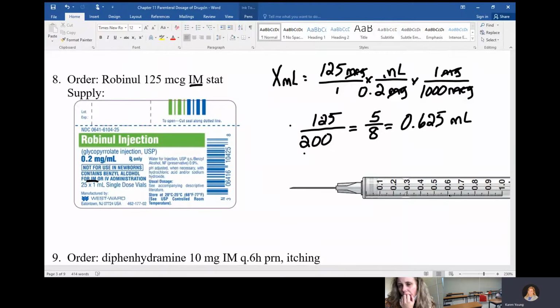So we have to round it to the hundredths place. That means I'm going to look at the 5. One of the reasons I'm rounding to the hundredths is that each one of those little calibration marks are hundredths. A milliliter syringe is calibrated in hundredths. So 0.6 what? 62 or 63? 63.